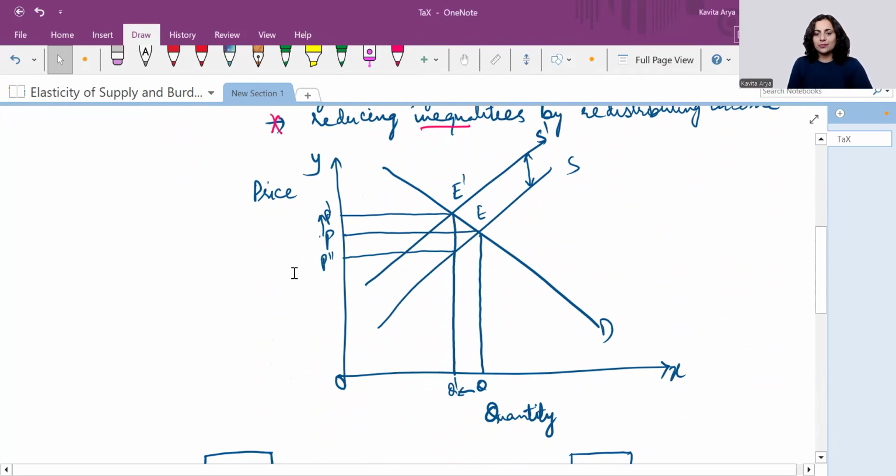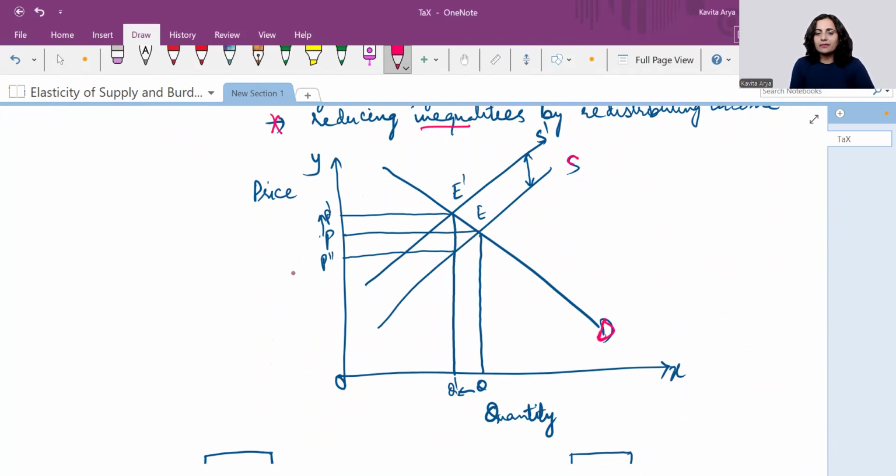This is the basic structure of the demand curve and supply curve and equilibrium here, and the price and the quantity. So this is the basic structure. But after the imposition of taxes, what happens? The supply is reduced. So it shifts leftwards or you may say upwards, right?